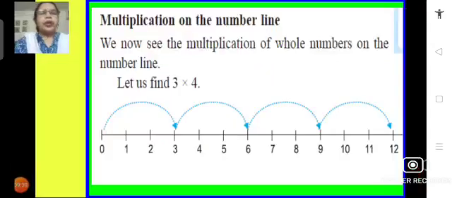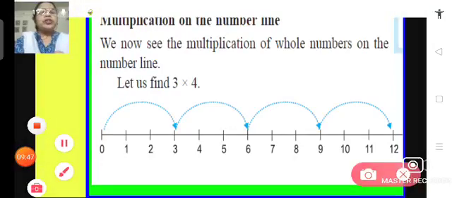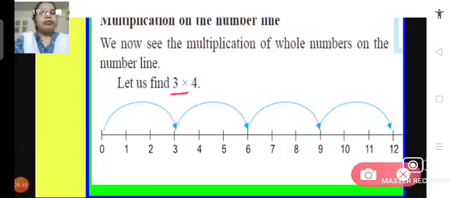Now let's see how we multiply the whole numbers on a number line. Suppose we have to multiply 3 and 4. Then what do we do? We start moving from 0 and we make 4 jumps of 3 units at a time.